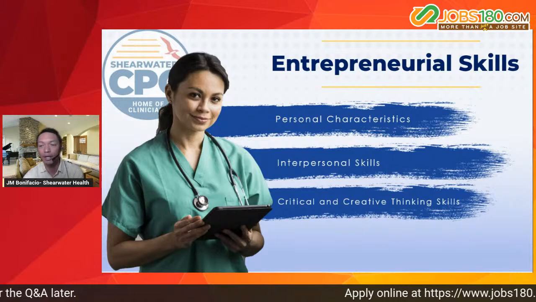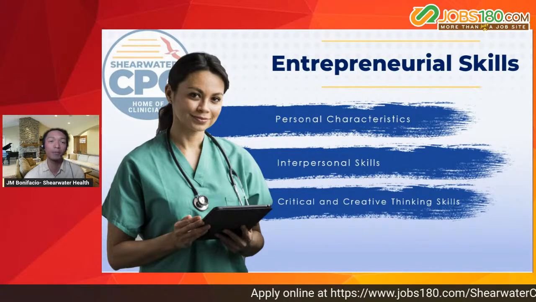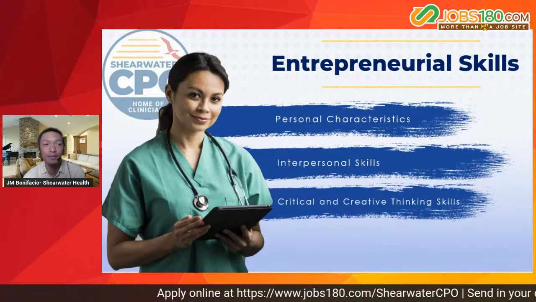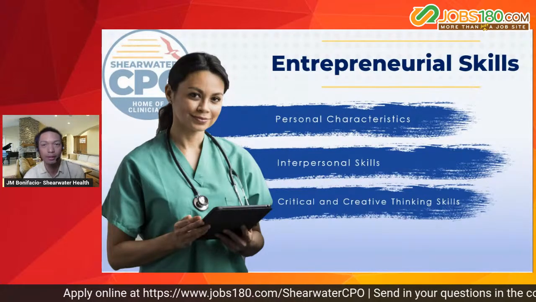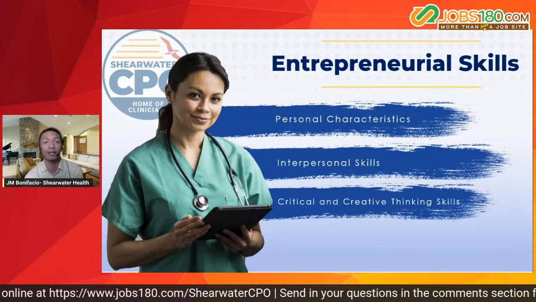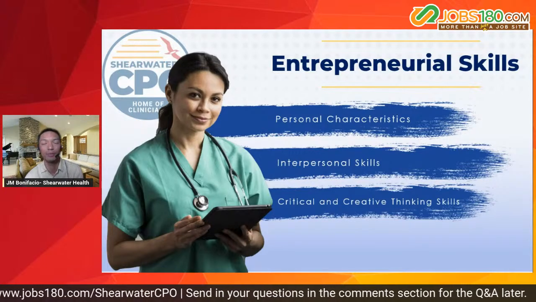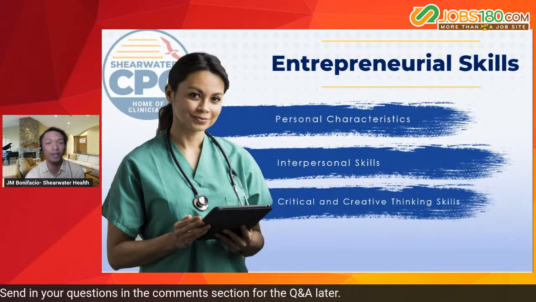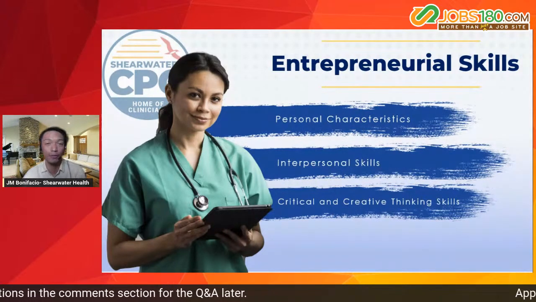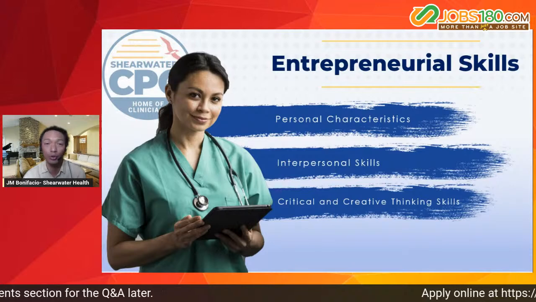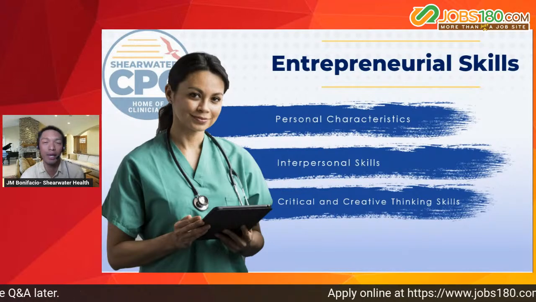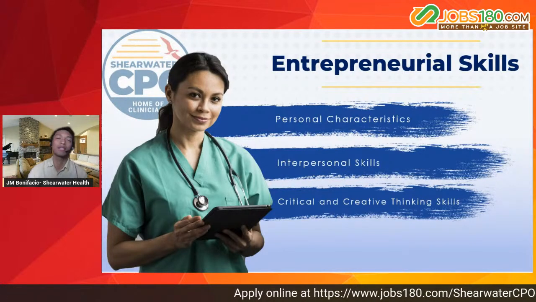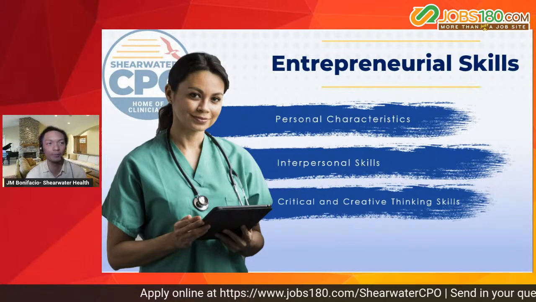So let's say, for example, we are not meeting the goal for this month. Why? Because we lack staffing, we lack people who will sell our product. Why? Because we failed to. So we keep on asking five whys for us to get the root cause of the main scenario or the main concern.